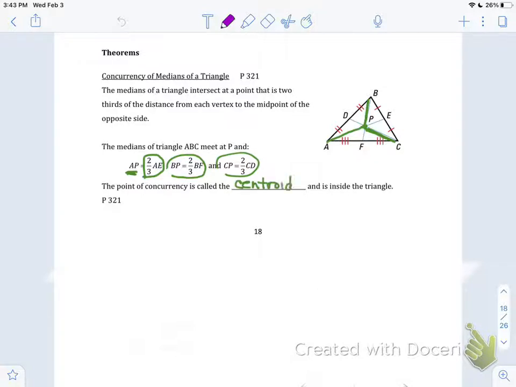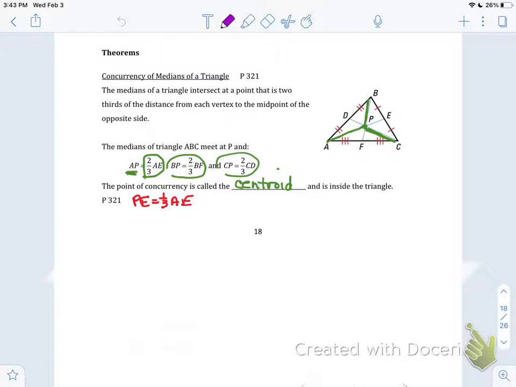Okay, so I want you to write something else here. If AP is 2/3 AE, then we can say that PE is 1/3 AE.